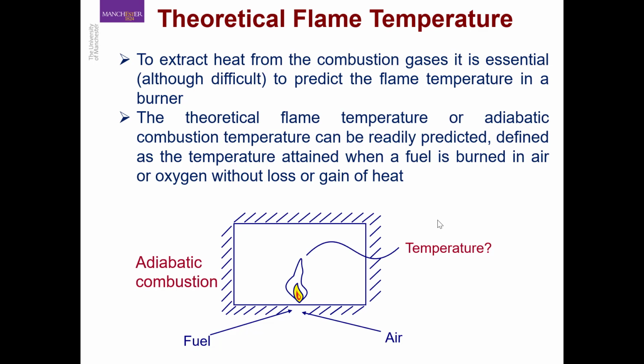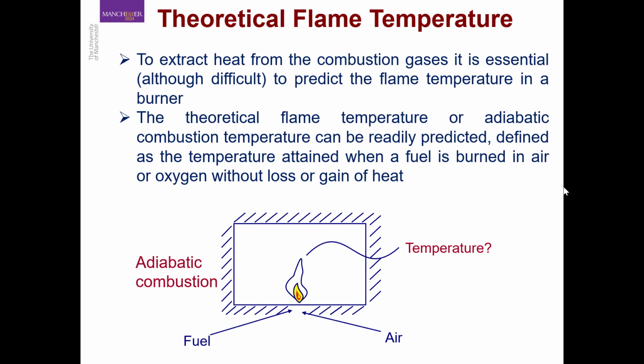But in reality, we cannot quantify these factors beforehand because most of the time the design is iterative and we have to look at different parameters while we are designing to get the final flame temperature. So we use another kind of concept that is called theoretical flame temperature.